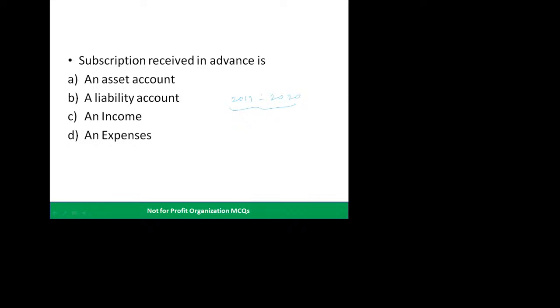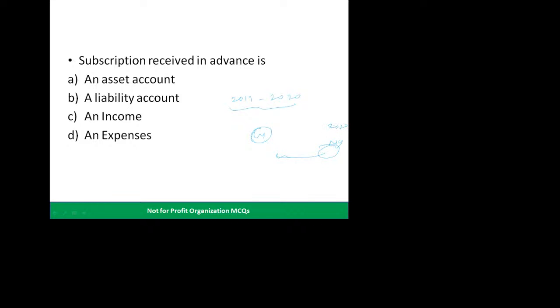The subscription has been received in advance of next year's; the subscription amount belongs to the next year but has been received in the current year.